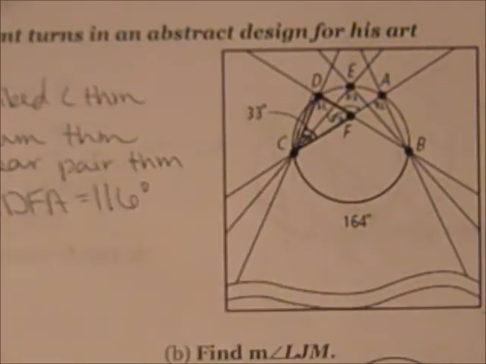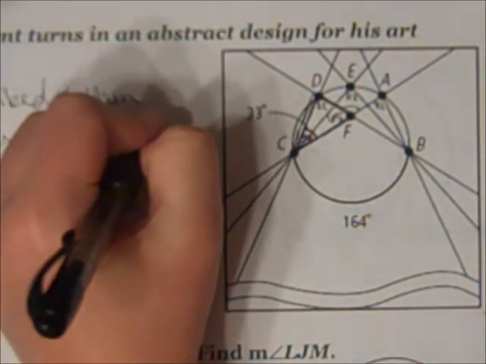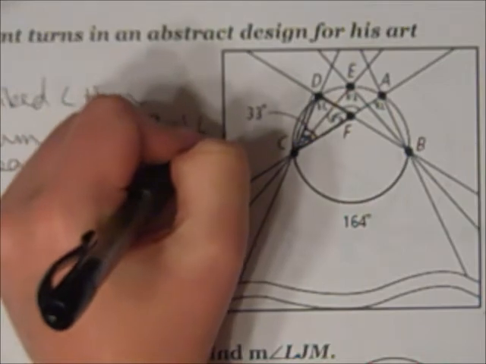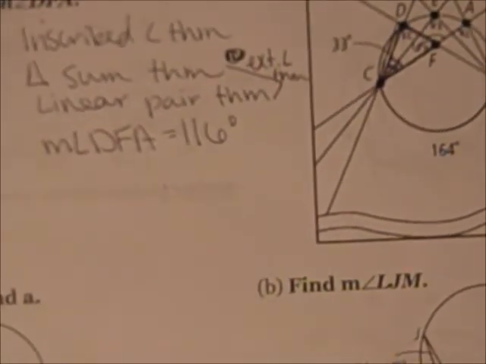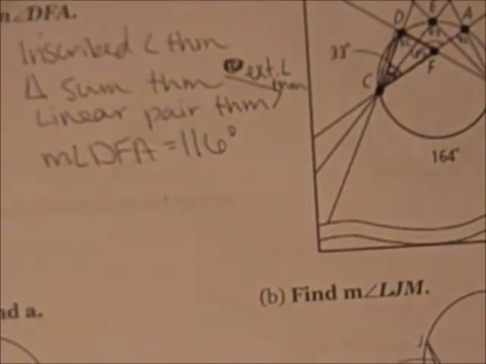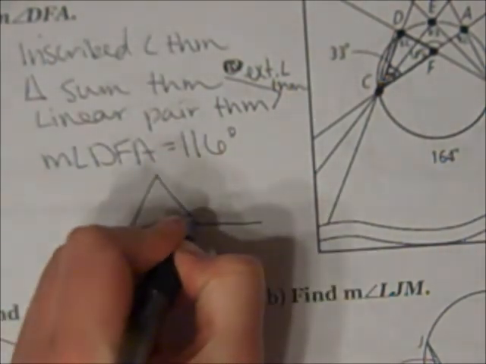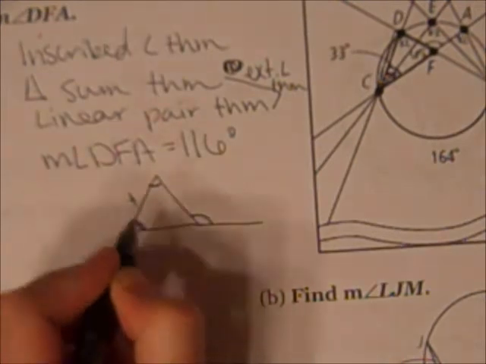Now what you could have done, this is not one that we remember too often, but instead of doing triangle sum and then linear pair, you could have done the exterior angle theorem. Remember that one, I think that one's from chapter 5, and it says the exterior angle is equal to the sum of the remote interior angles.